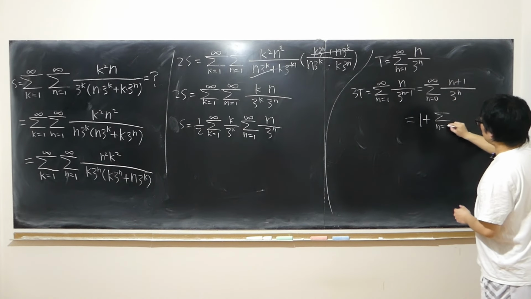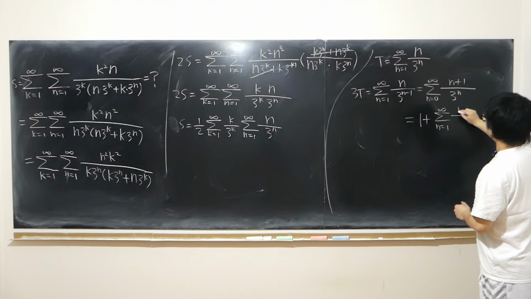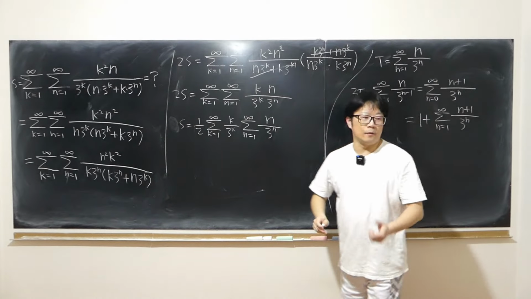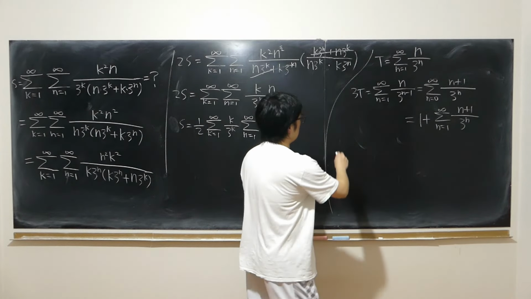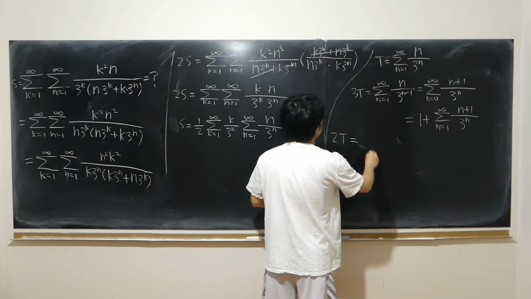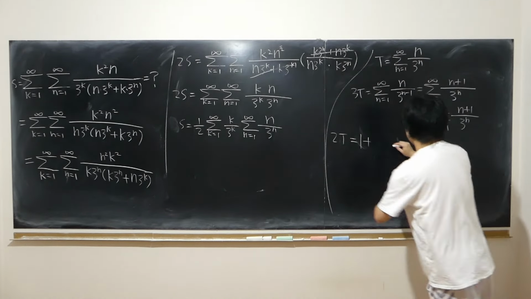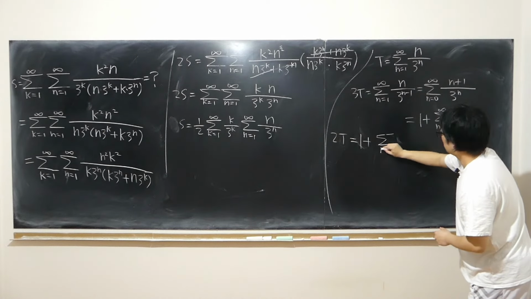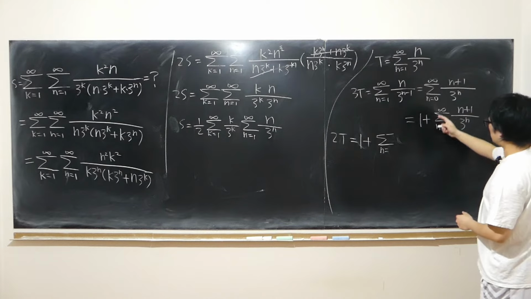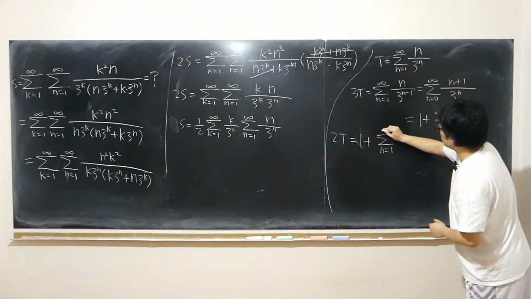Then the sum from n equals 1 to infinity of (n plus 1) over 3 to the n. That's 3t. So if I subtract, it becomes 2t equals 1 plus, this time with exactly the same index, from 1 to infinity.